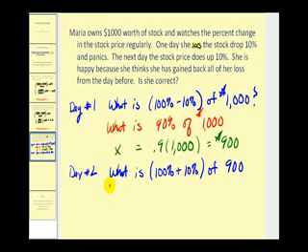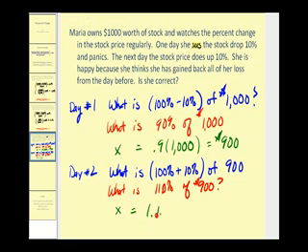So the real question becomes, what is 110% of $900? Well, again, going back to our percent equation, we have x equals 110% as a decimal is 1.1, of means multiply, $900. Well, 1.1 times $900 is equal to $990.